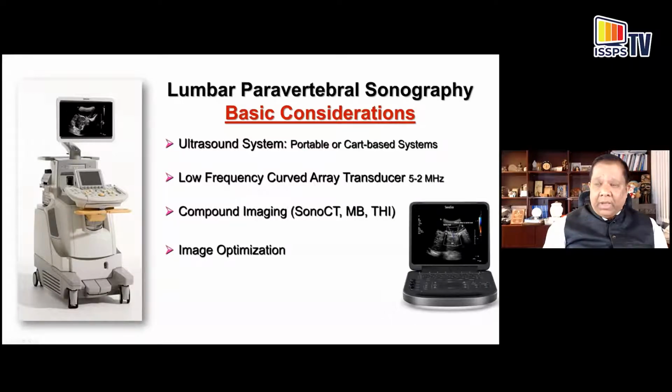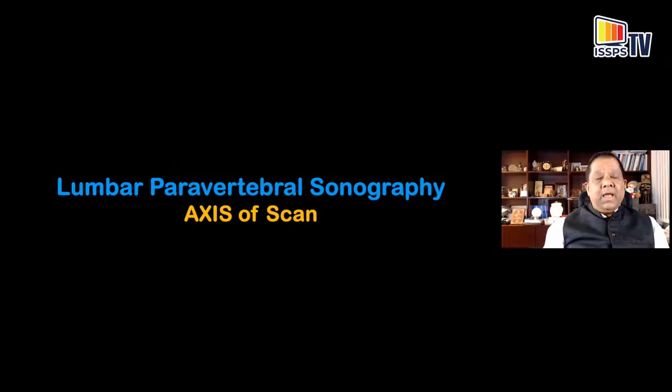I don't have any financial interest, but a machine that allows you optimizability is the buzzword. You should have a system, unlike a point-and-shoot camera, because you're not going to get a good image all the time. So you'll have to have a system that allows you different optimizing features so that you can get clear-cut images of not only the psoas, but also the nerve roots and the lumbar plexus.